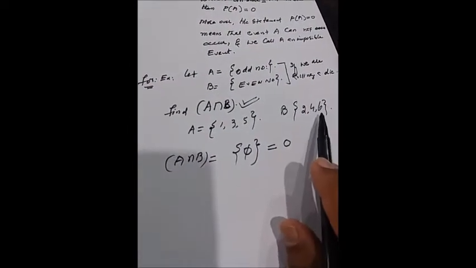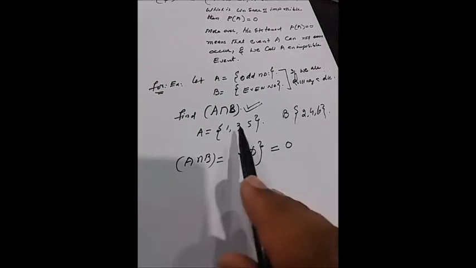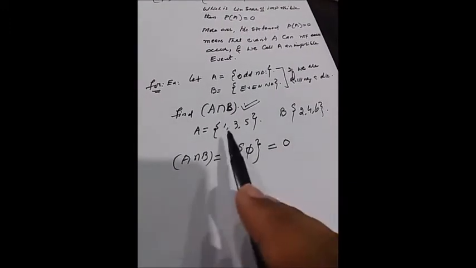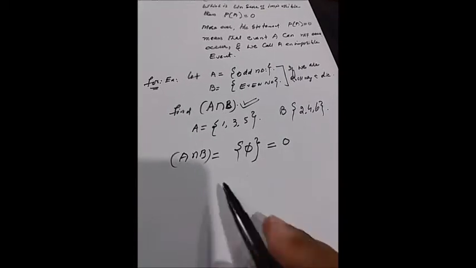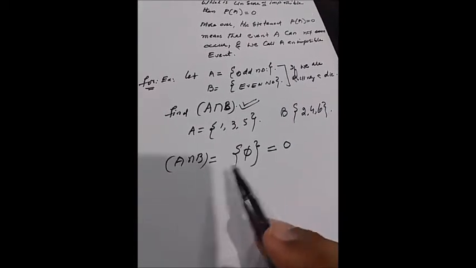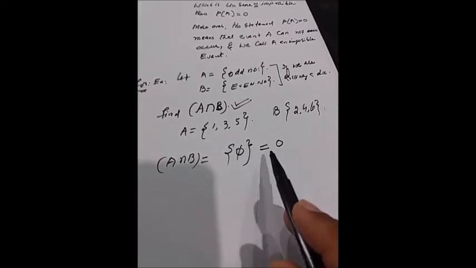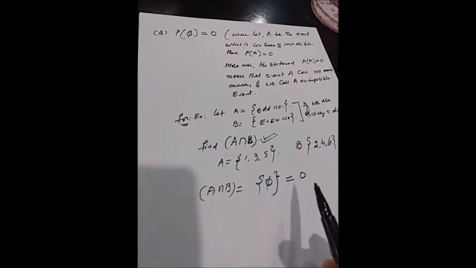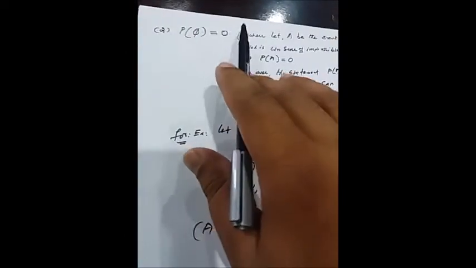B contains even numbers 2, 4, 6. There is no common element between these two sets, A and B. So the probability of A intersection B is the null set, which is always equal to 0. Hence we have proved the second property: the probability of the null set is always 0.